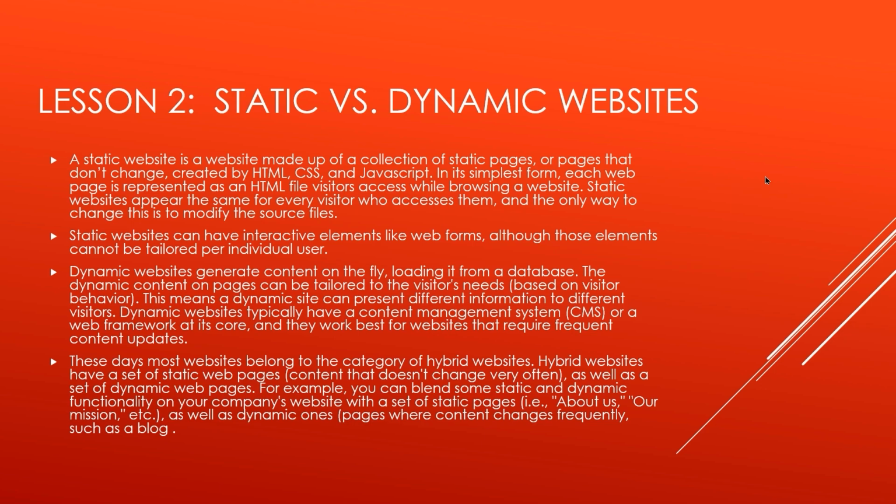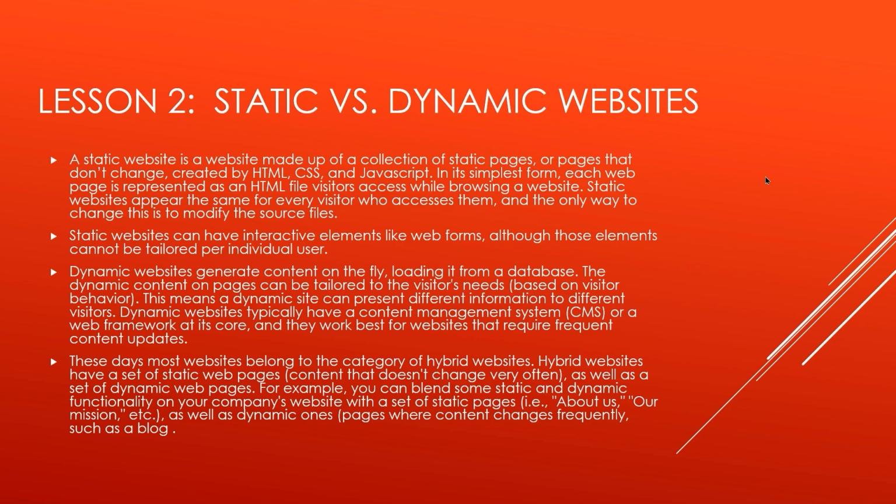Lesson 2 is about static websites. And I added dynamic websites to this. So I'm going to be giving you the pros and cons of both. So let's go over this. A static website is made up of a collection of static pages, or pages that don't change, or at least not very often, created by HTML, CSS, and JavaScript.